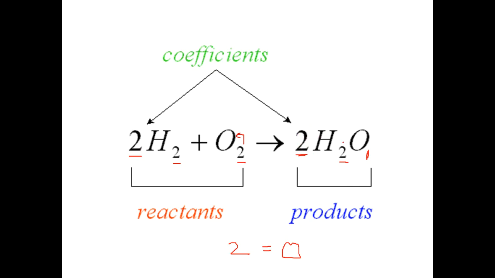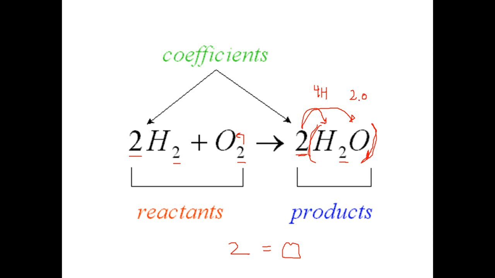If I'm looking at this 2 in front of H2O, this 2 applies to everything that follows the coefficient. So this would be 2 times 2 hydrogens, which gives me 4 hydrogens. And this 2 also applies to the oxygen over here, which has this invisible 1, remember? So then we have 2 oxygens.